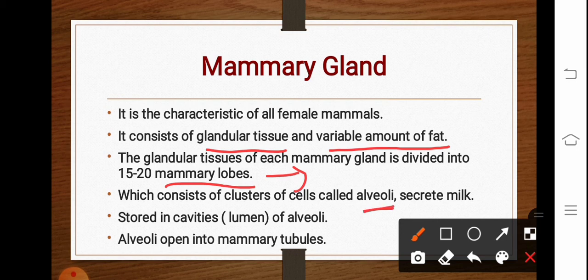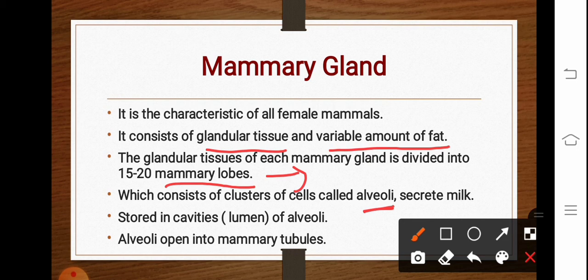I think we have learnt about alveoli somewhere else. You remember in first PU, in the chapter on breathing and exchange of gases, inside the lung there is alveoli which helps in exchange of gases, right? That is different. Here, in the mammary lobes, there are clusters of cells called alveoli.